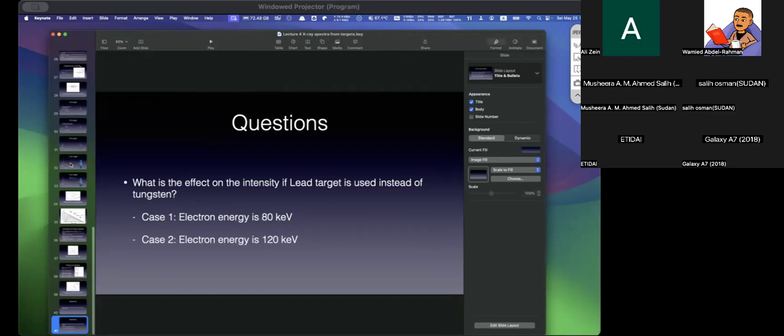Okay, because the intensity, the shape of it, is actually governed by a lot of things. As I mentioned, for an unfiltered beam, yes, probably we can do that. But when we're talking about a filtered beam, the filtration will affect the intensity of the beam.